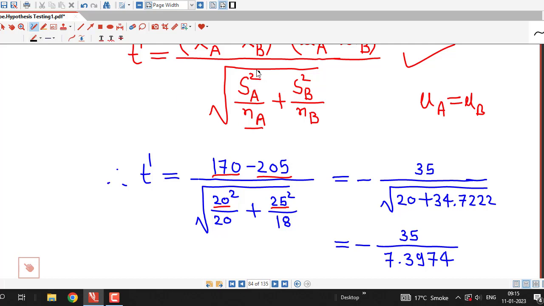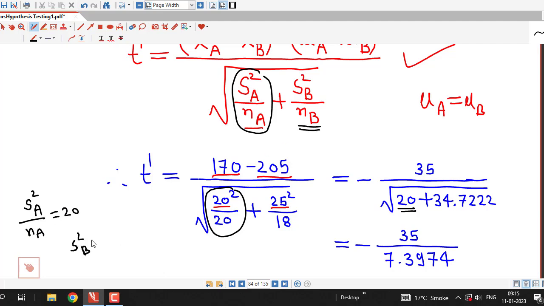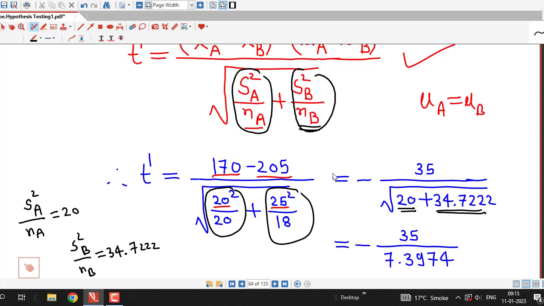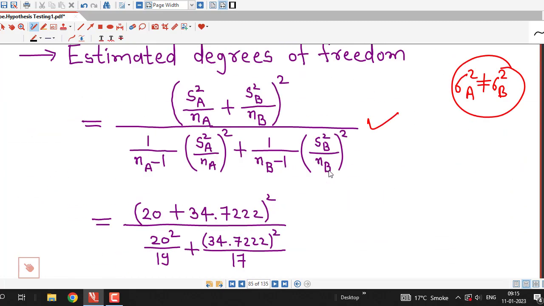SA square over NA, that is 20 square over 20, so I can directly put SA square over NA equal to 20. Similarly, SB square over NB is 34.7222.